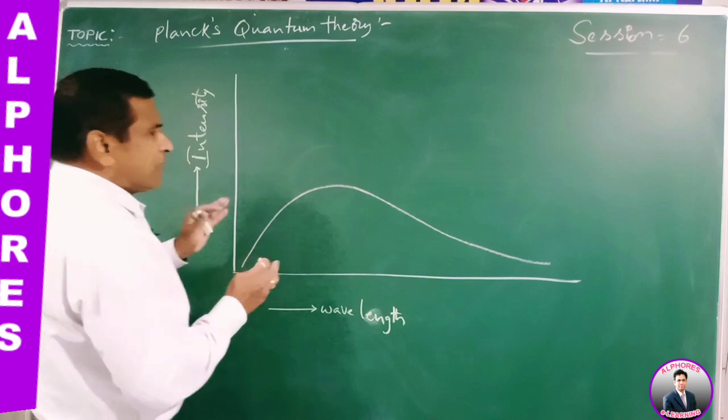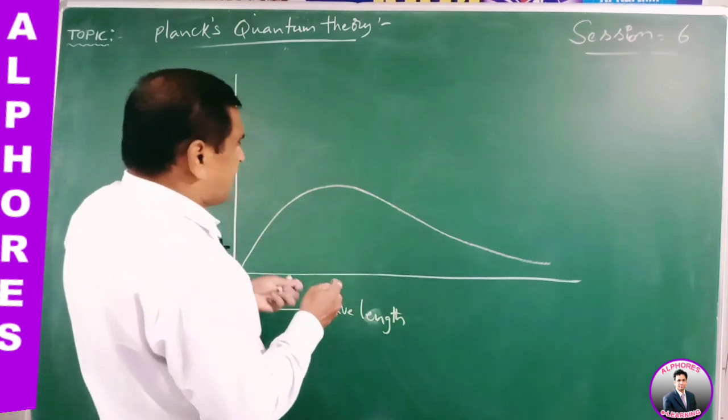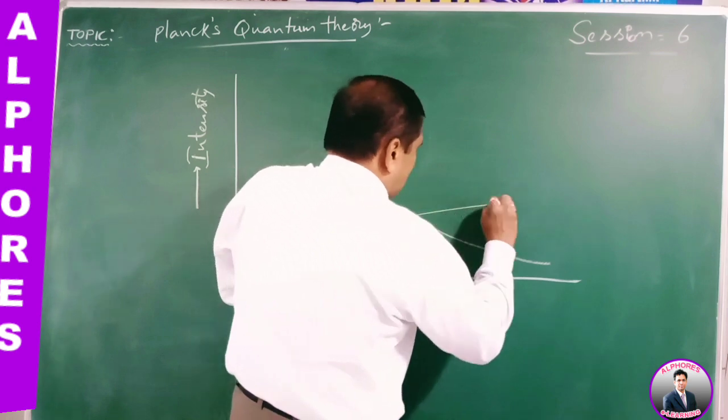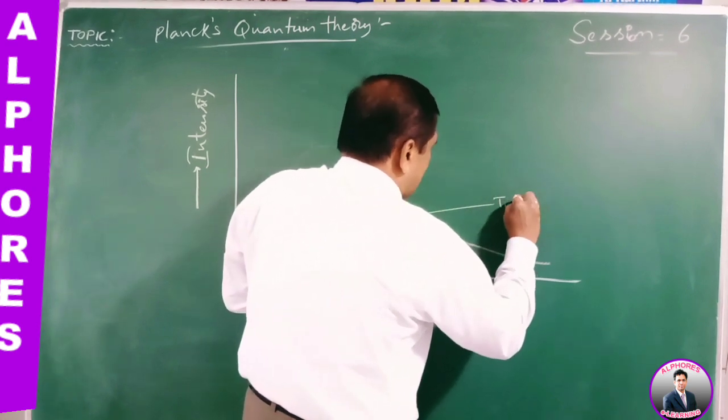So this is the first graph. Say for example, this first graph is obtained at T1 kelvins.